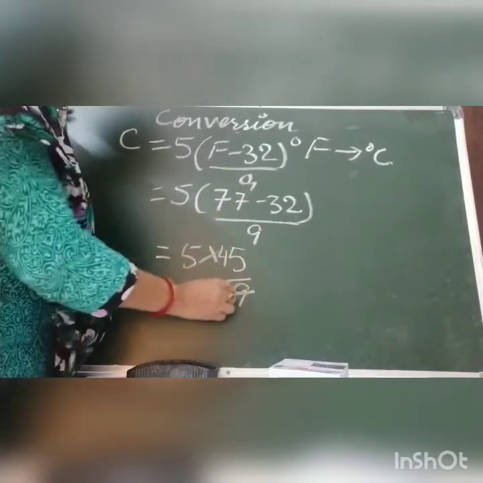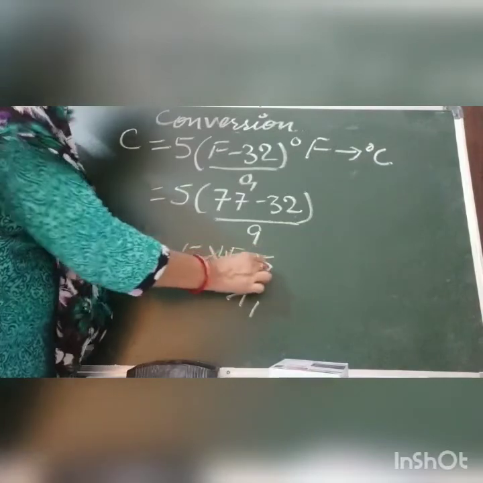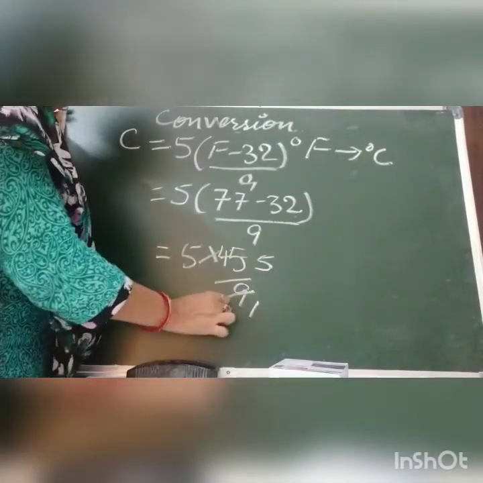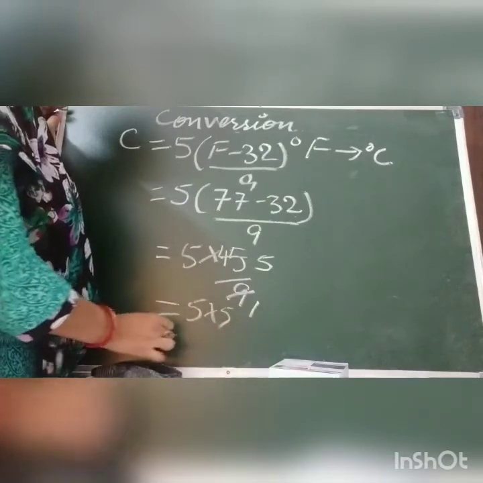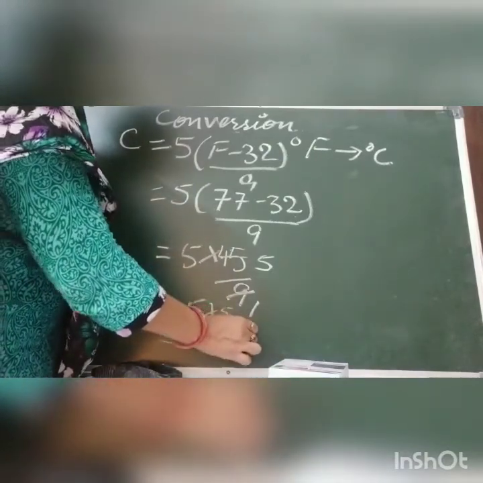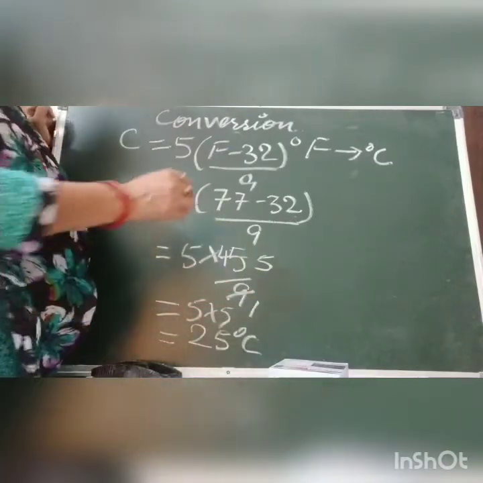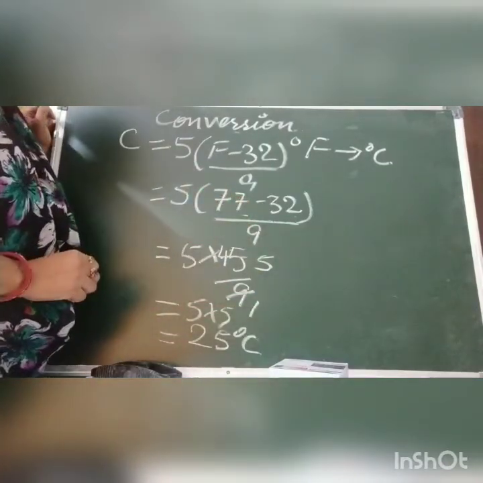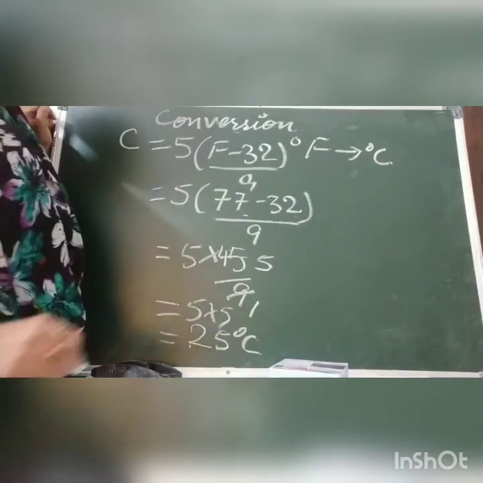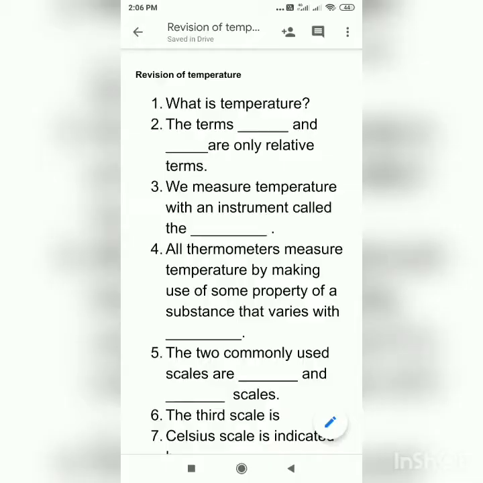Upon 9. 9 ones are 9. 9 fives are 45. 5 into 5, 25. So what is 25 degrees Celsius? If the temperature is 77 degree Fahrenheit, in degree Celsius it would be 25 degrees Celsius.